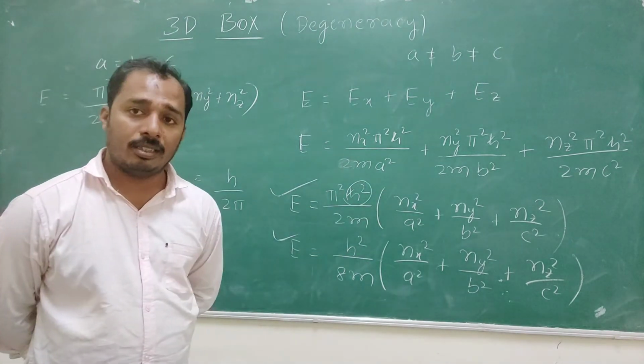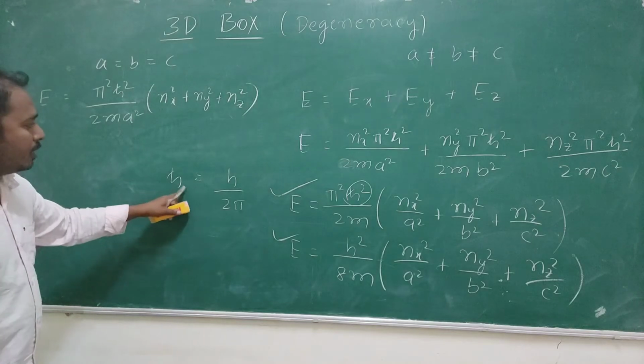Next, similarly, substitute ħ is equal to h by 2π.